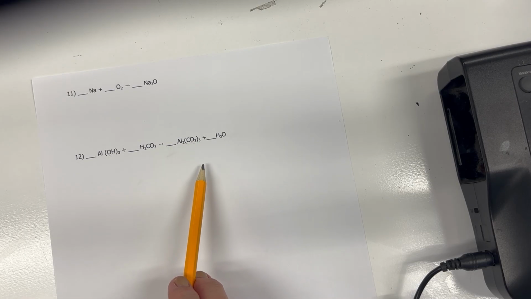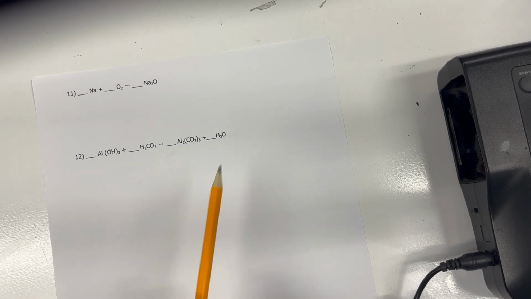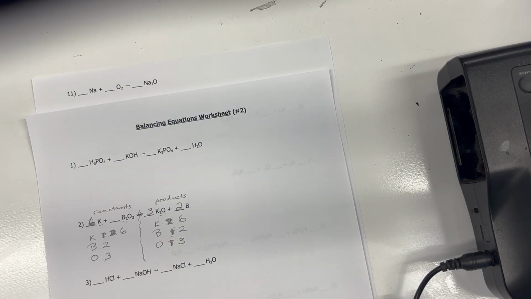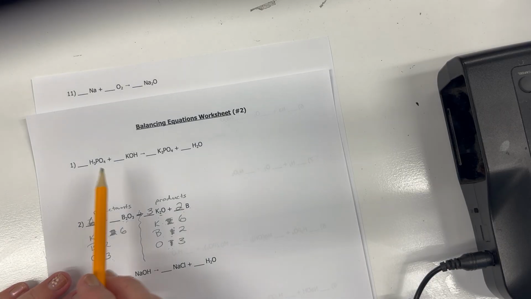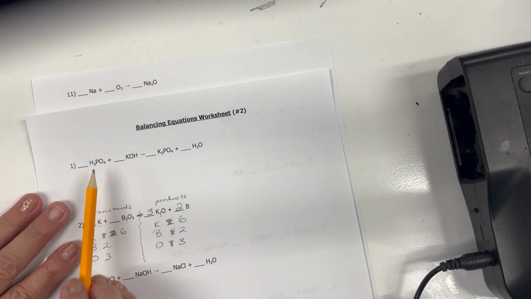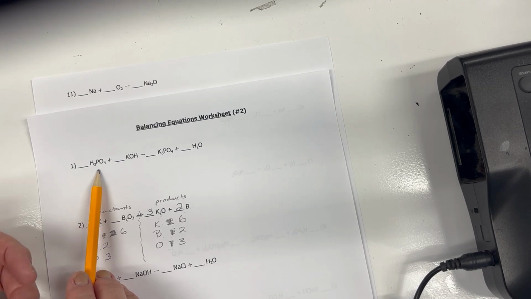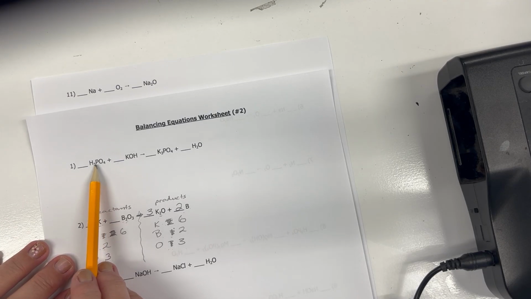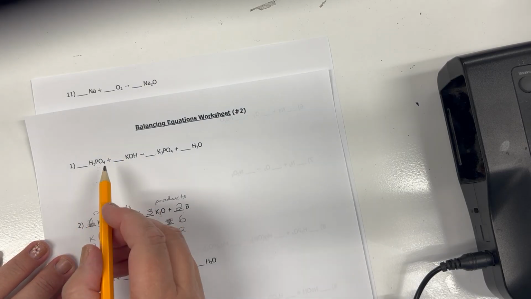That makes it easy to see polyatomic ions, but we don't see that in number 1. But there are polyatomic ions there that I can see. If you have a little bit of experience, you can see them too, but that's why I want to do this one as an example.